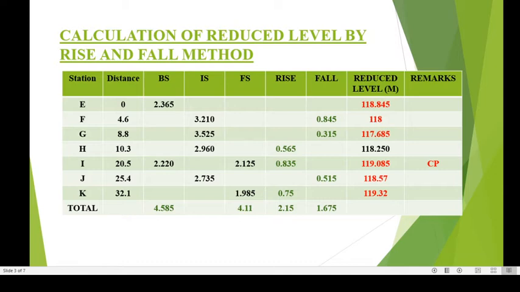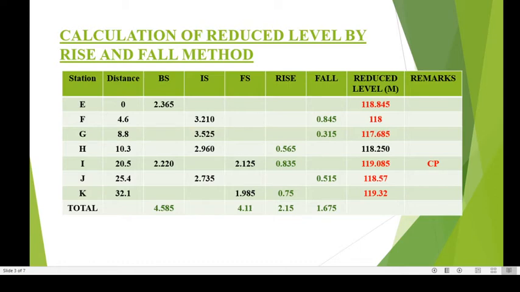Next, we need to calculate the reduced levels of the earlier stations, station G first. Now we will subtract 0.565 from 118.250. We get the reduced level of station G, that is 117.685.